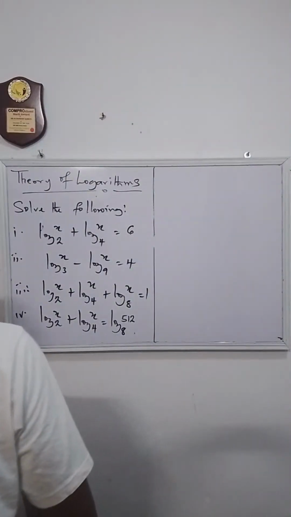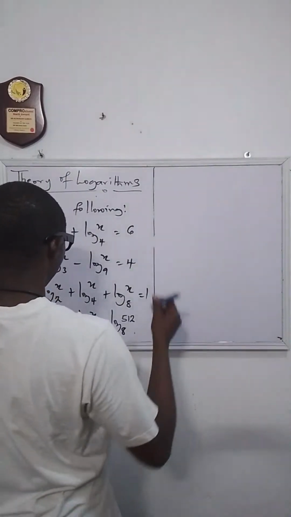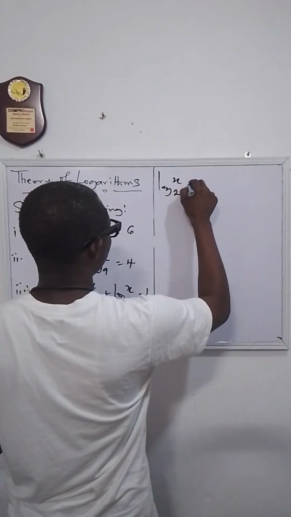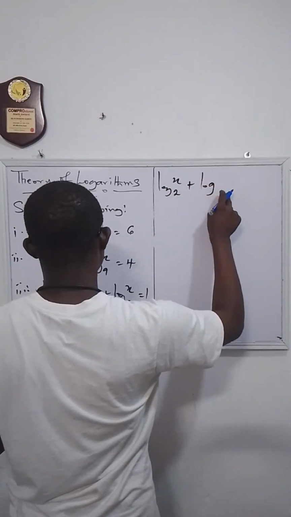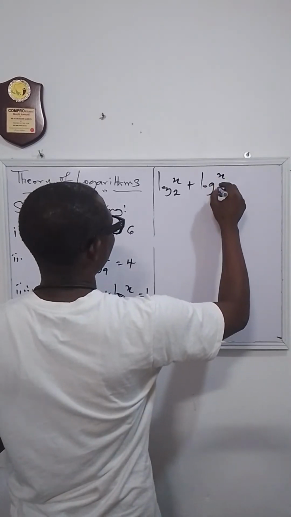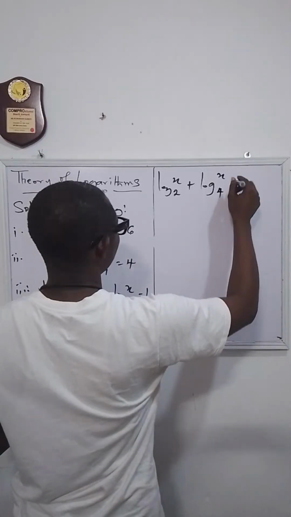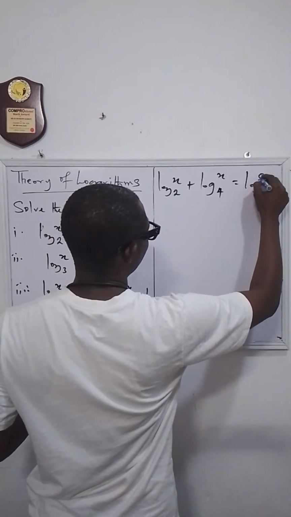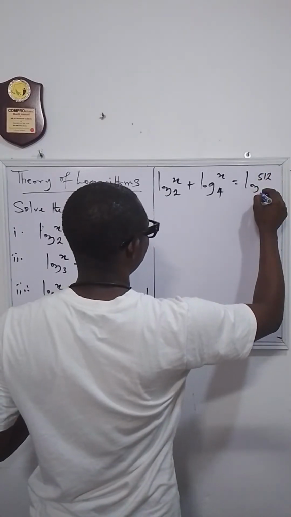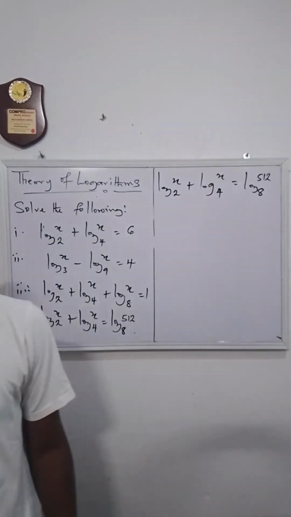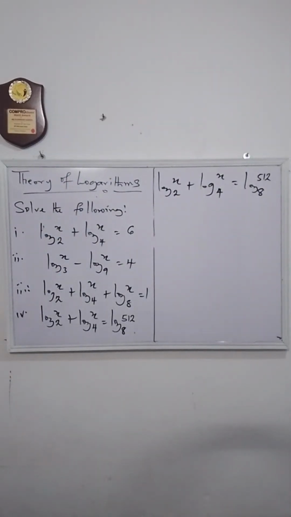Okay, the last one, we have log of x base 2 plus log of x base 4 equals log of 512 base 8. I hope you can see that. I hope every one of you can see the board clearly.